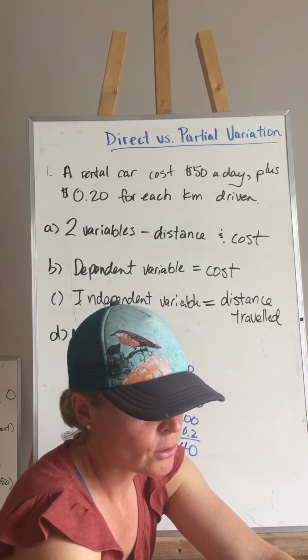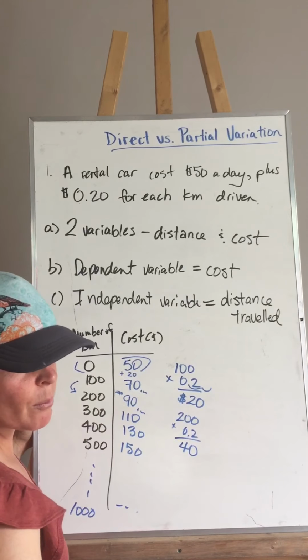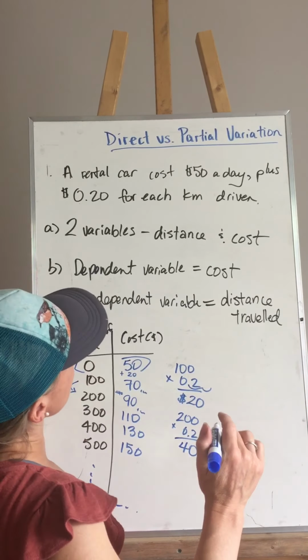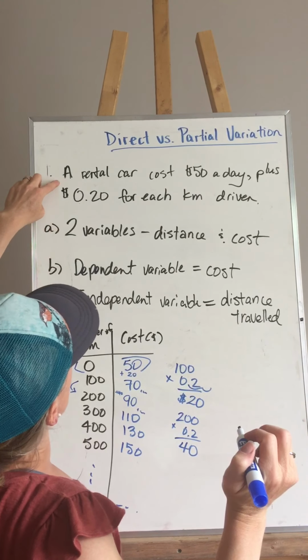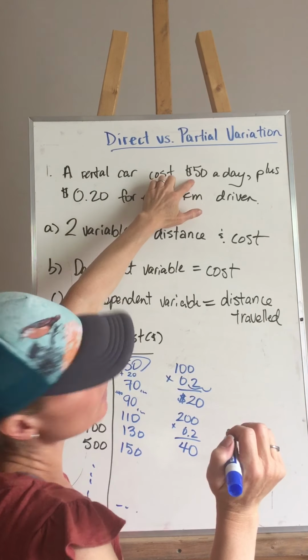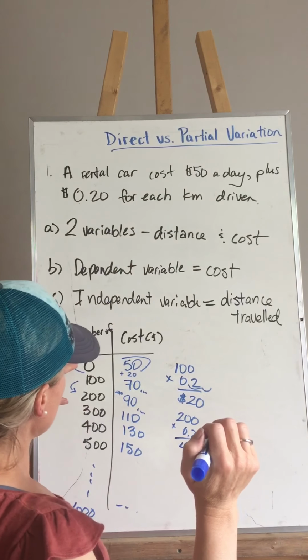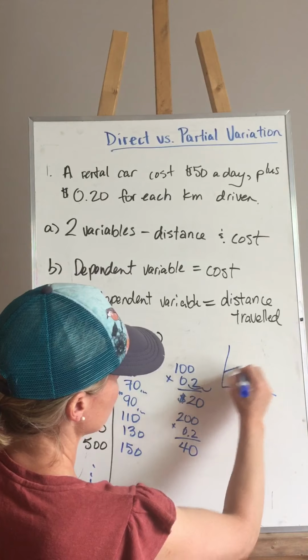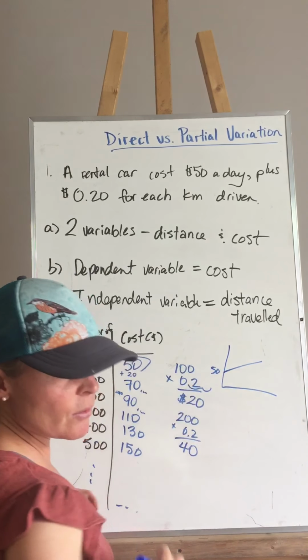F asks you, does the relationship represent partial or direct variation? So you could see this 3 ways. In the word problem, it says that it starts at $50. In your table, it starts at 50. And when you graph it, you're also going to start at 50.